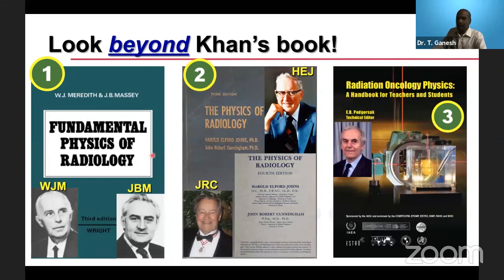In fact, if there was ever a book exclusively written for doctors in easy language without many equations, I would strongly recommend Fundamental Physics of Radiology by Meredith and Massey. Every one of you should go through it if you want to understand the physics in an easy way. The language is extremely simple. So this is the most important book.